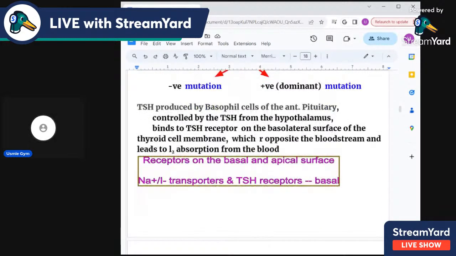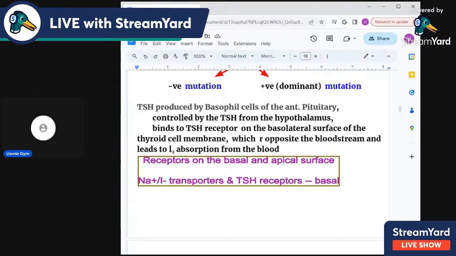So TSH, where is it produced from? TSH is produced from the basophil cells of the anterior pituitary. What are the other hormones produced by the basophil cells of the pituitary? They are ACTH, FSH, and LH.